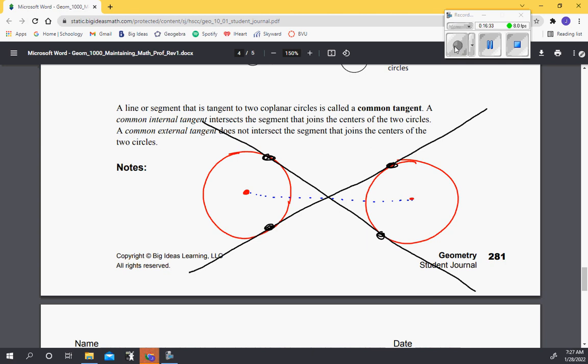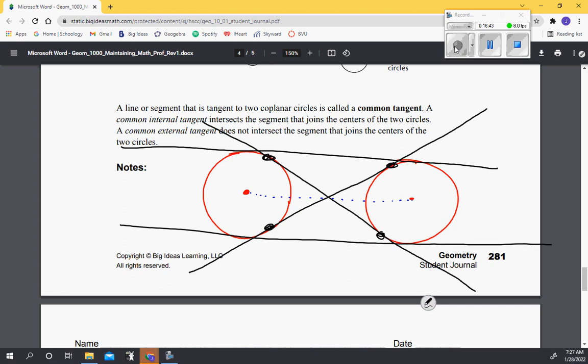An example of an external tangent would be the one up here, right? It does not intersect that blue line. Same with this one. And those are the only four tangents that I can create out of those two circles.